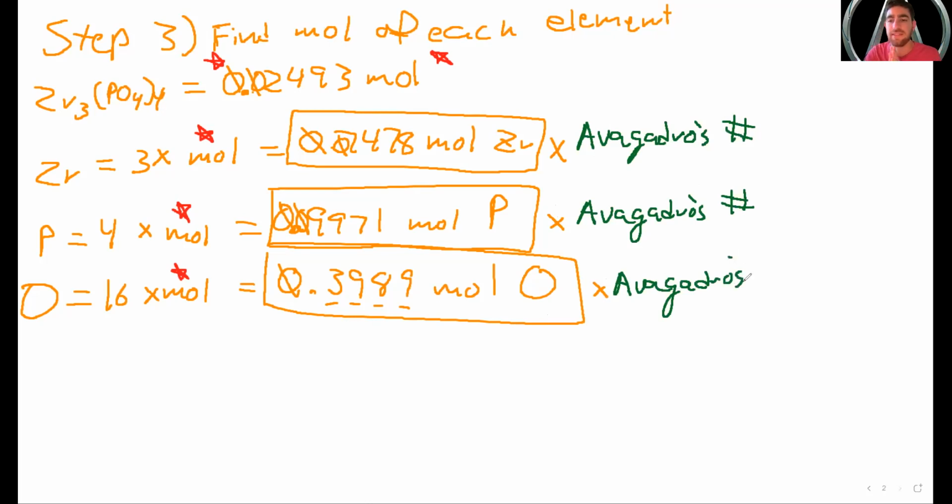I want you guys to figure out how many atoms are in each. And then in the description of the video, I'll have the answers. But this is effectively how you find the number of atoms of Zr in this case, number of atoms in phosphorus, and the number of atoms in oxygen.